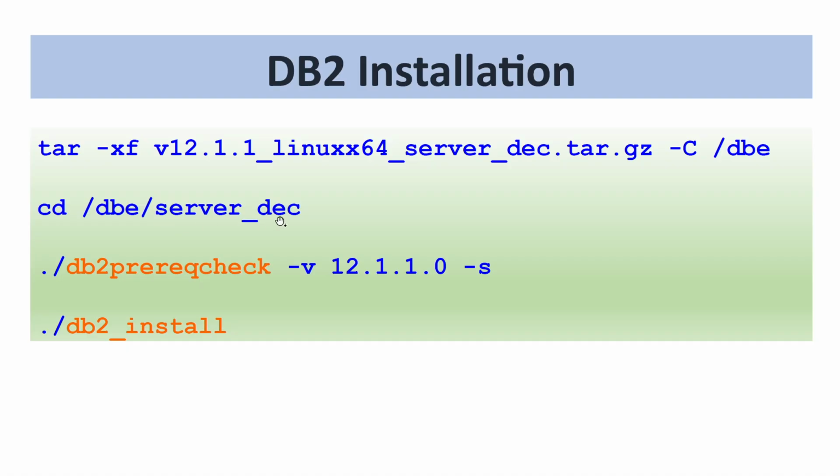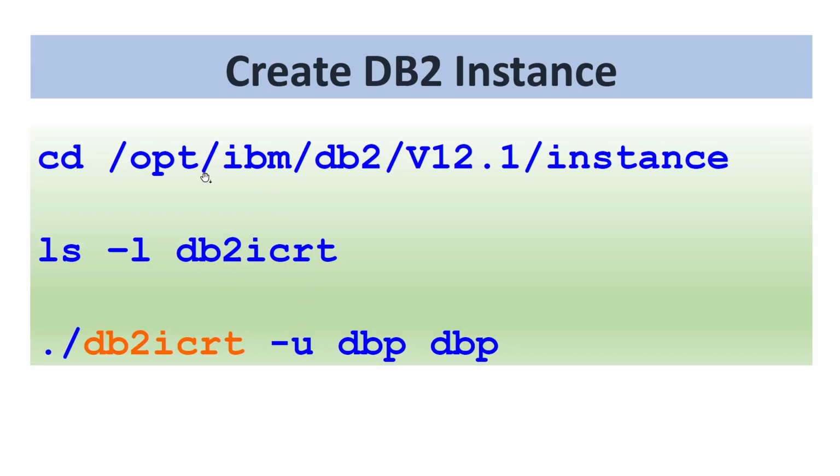Then you can use the db2 prerequisite check, here checking whether this operating system meets the 12.1.1 version requirements. If it does meet the requirements, then you can use db2_install to install the database software. Once the installation has been completed, we can go to this directory.